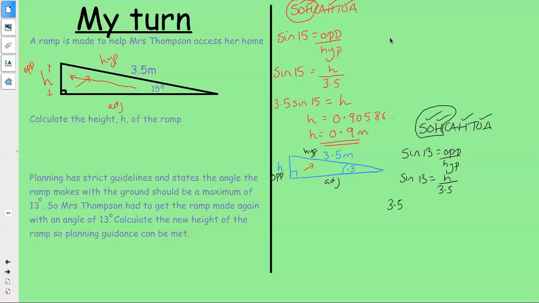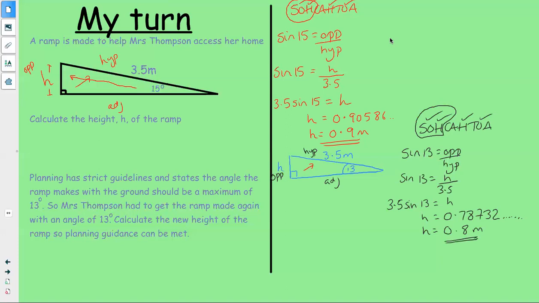So 3.5 sin 13 equals the height. You're just going to type that into the calculator, 3.5 sin 13. And the new height is 0.78732. Okay, and I'm just going to round it to 0.8 meters.